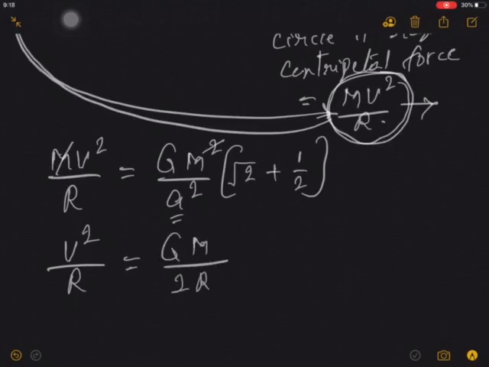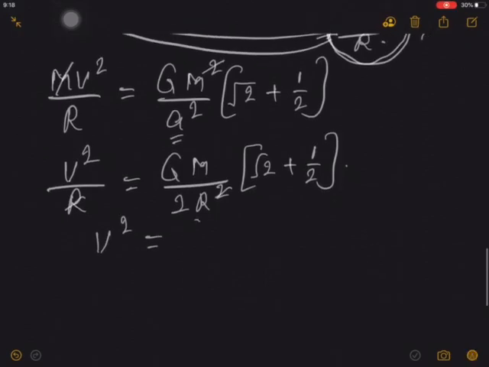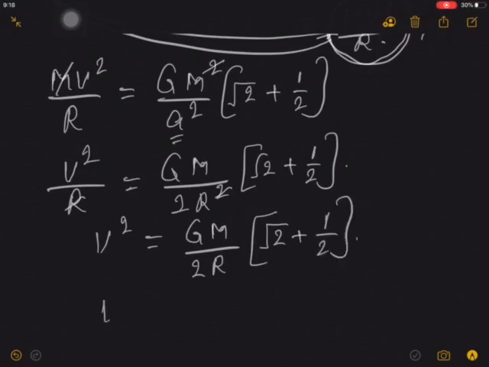V square by r is equal to GM by 2 r square into (root 2 plus 1 by 2). This r square, r get cancelled. V square is equal to G capital M by 2r into (root 2 plus 1 by 2).